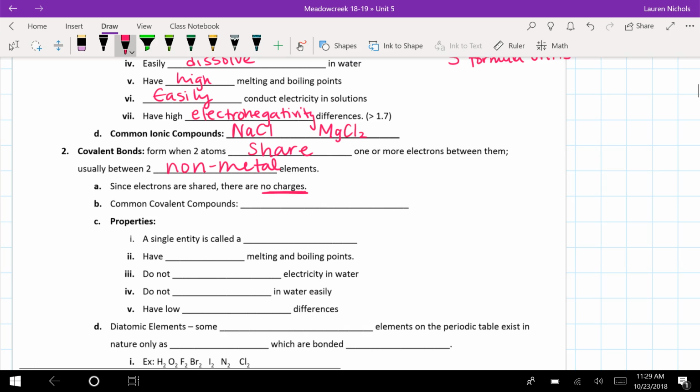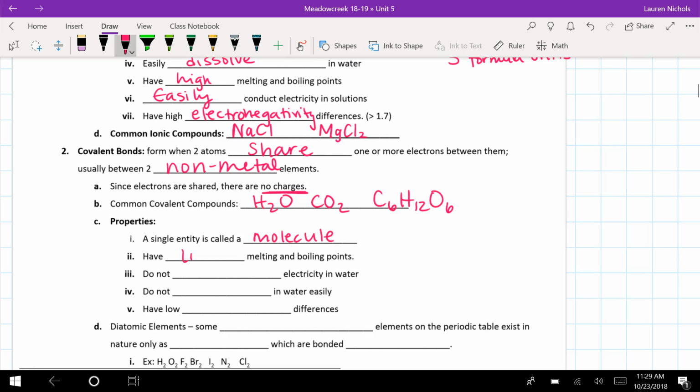Some common covalent compounds are water, carbon dioxide, and sugar. All 3 of these have only nonmetals. A single entity is called a molecule. So I might have 3 molecules of water and 2 formula units of salt. That's how we would use those words.